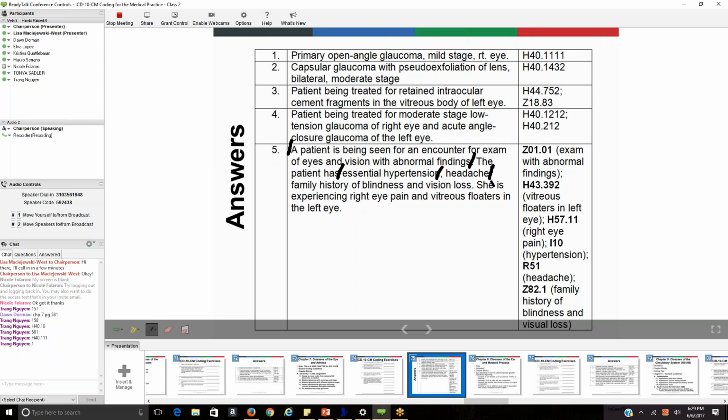There's another one. Family history of blindness and vision loss. There's another one. Okay. Right eye pain. There's another one. And vitreous floaters in the left eye. So there's another one. So we have 1, 2, 3, 4, 5, and 6, okay?